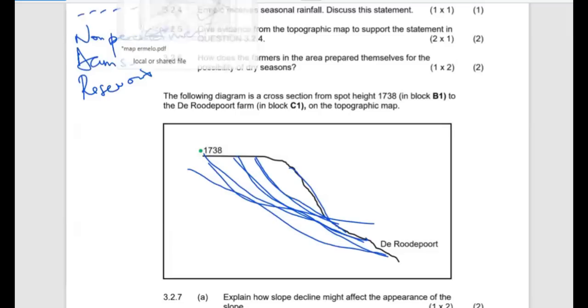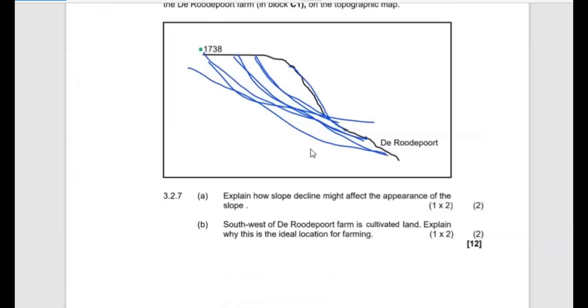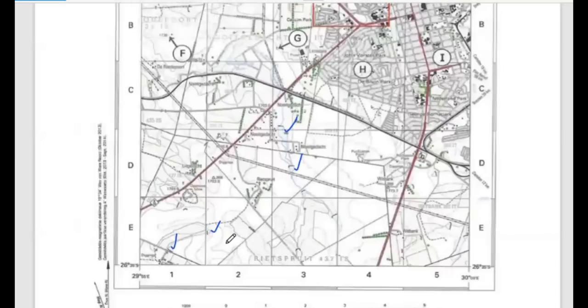Let's check the area to the south in block C1 and the cultivated area to the southwest of block C1. This is our block C1, the area to the southwest. This area here is cultivated. So what we are saying here is, why is it ideal for farming activities?